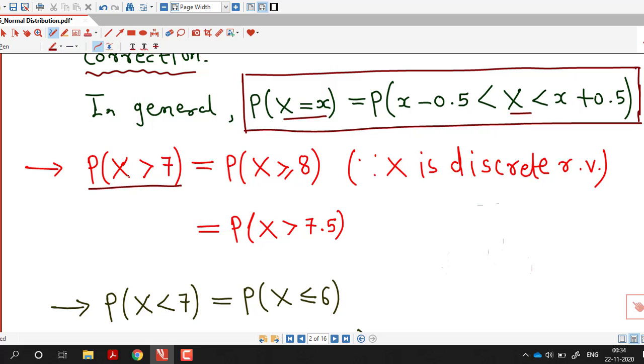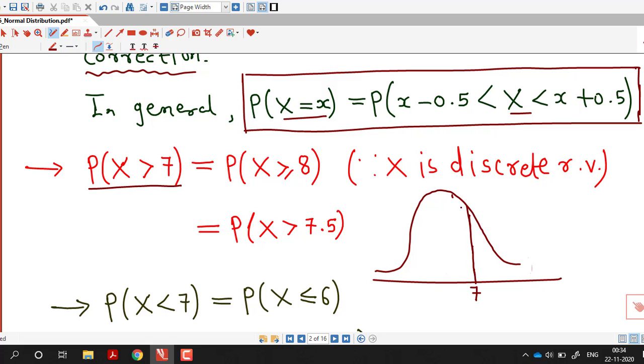Suppose we want to find the probability that X is greater than 7. Then I have to consider this type of continuity correction. Suppose I have 7 here and I require the probability that X is bigger than 7.